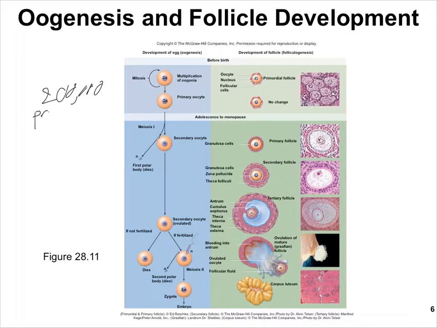primary oocytes at puberty. Now that wouldn't be very many for a male, because we're shooting off 50,000, 100,000 at a go.